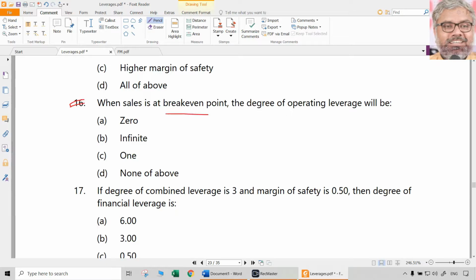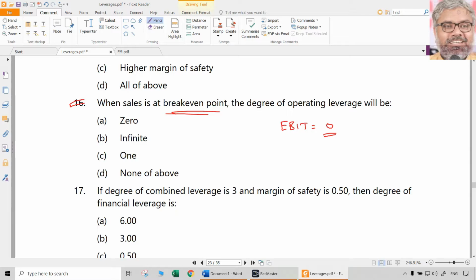When sales is exactly at the break-even point, what will the degree of operating leverage be? That will be infinite. Why? When sales are happening exactly at the break-even point, the EBIT is going to be 0, because the contribution will be equal to fixed cost.